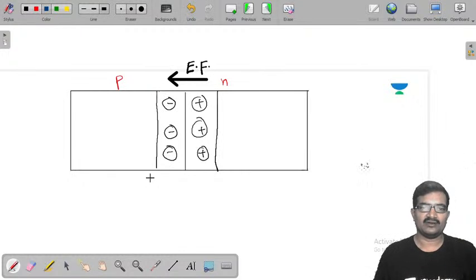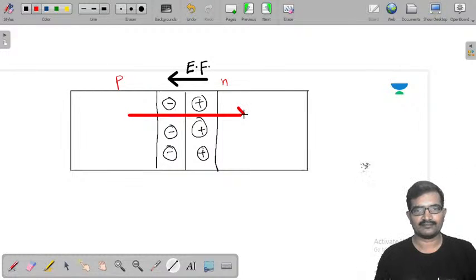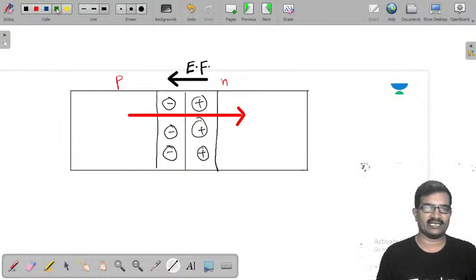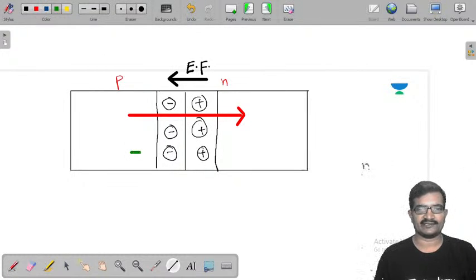Okay, this is the direction of I diffusion. Similarly there is an I drift current due to this electric field, flowing this side.